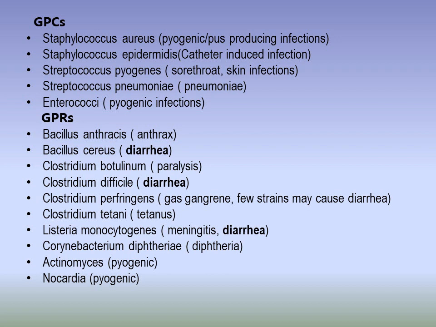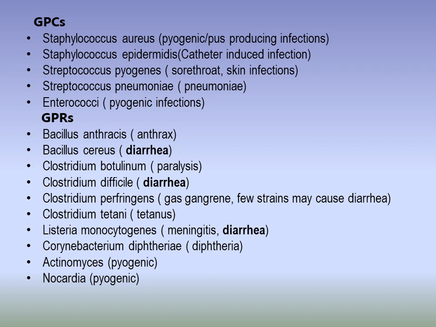Streptococcus pyogenes is usually responsible for certain skin infections, and also the sore throat. It is the primary organism responsible for the sore throat. Streptococcus pneumoniae is responsible for causing pneumonia. Then we have Enterococci. They also cause pyogenic infections, including urinary tract infections and a few others like endocarditis.